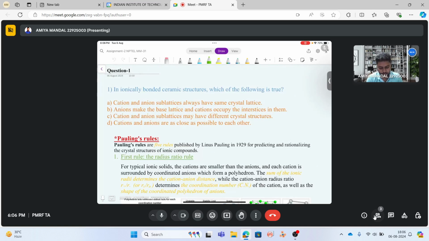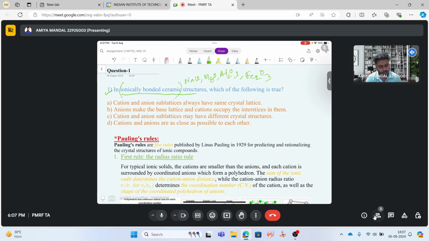Question number 1, read the question carefully. In ionically bonded ceramic structures, what type of ceramic are we talking about? Like sodium chloride, magnesium oxide, aluminum oxide, iron oxide.